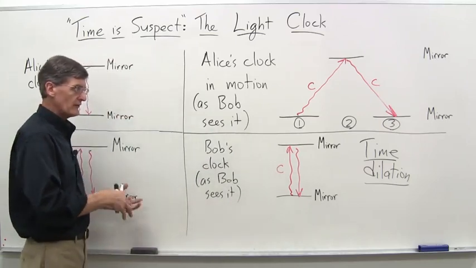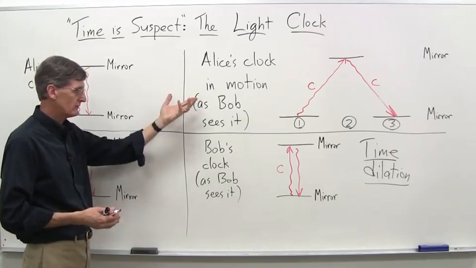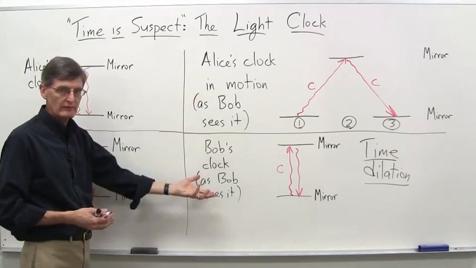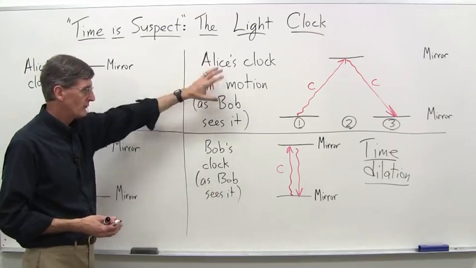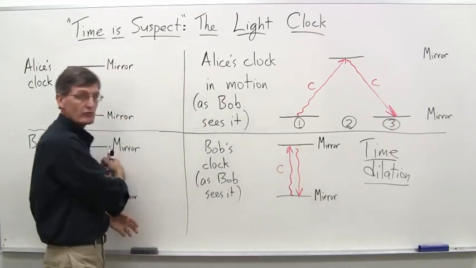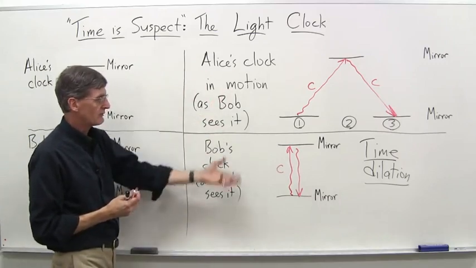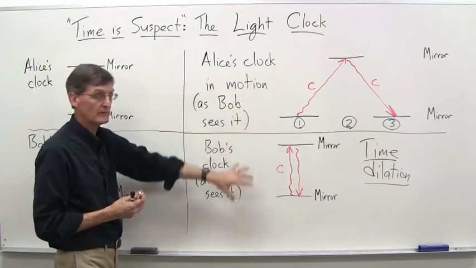Now, there's a flip side of it as well. You could say, well, but from Alice's perspective, Bob's clock is running slow, right? Because from Alice's perspective, she is stationary. It's Bob who's moving this way. And she could do this exact same analysis that we just did for her clock, from her perspective on Bob's clock.